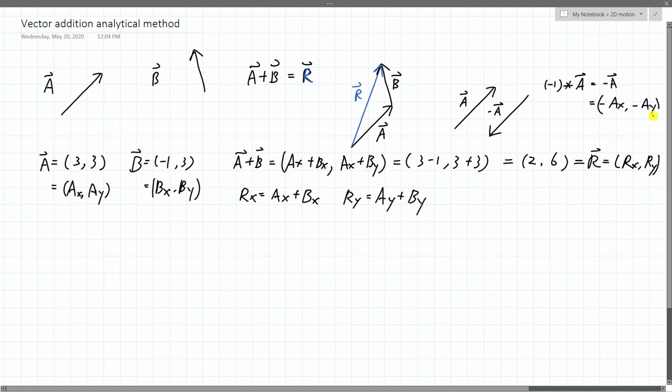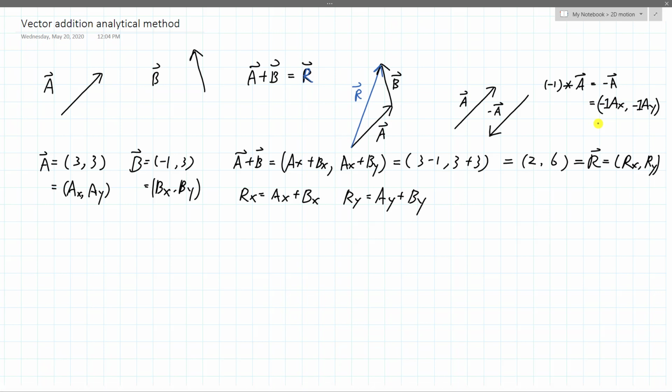So this is how a scalar multiplies into a vector. So the -1 here multiplies into each component so that we evenly scale each component the same amount so that the vector gets multiplied.